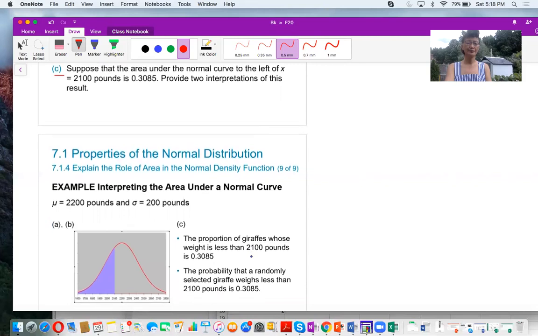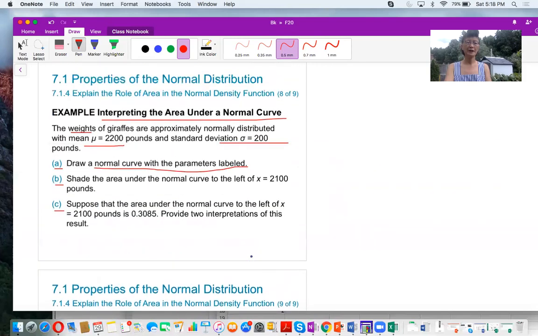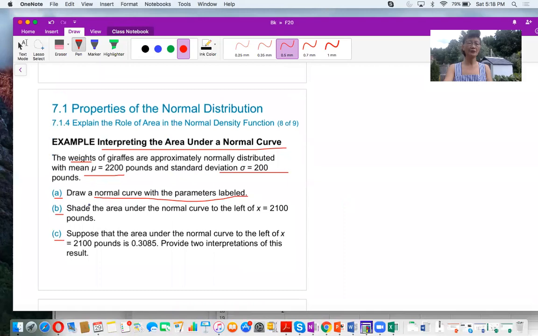So let's, maybe I can draw the graph here. Let's answer question A. Draw a normal curve. So bell-shaped, symmetric, with the parameters labeled. Okay, so this is the mean, mu equal to 2,200, sigma equal to 200.